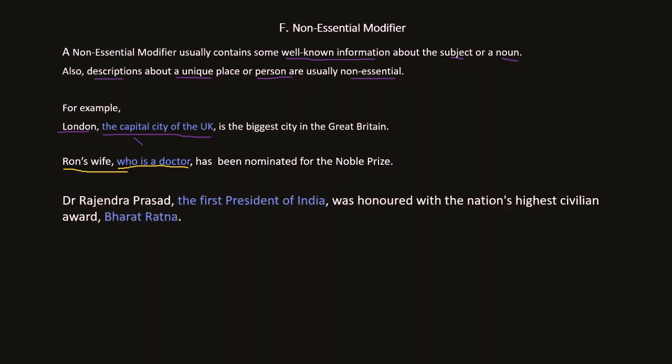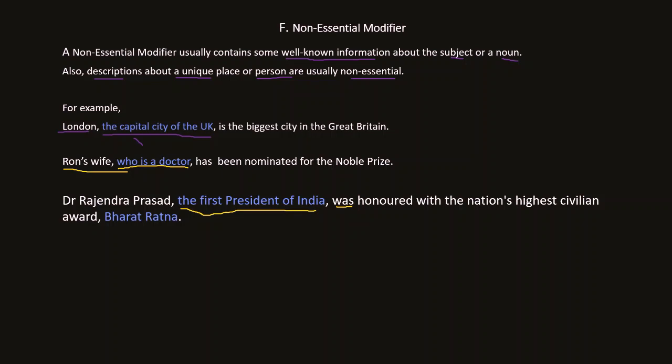Dr. Rajendra Prasad, the first president of India, was honored with the nation's highest civilian award, Bharat Ratna. In this sentence, there are two non-essential modifiers. The first non-essential modifier is the first president of India, which is a well-known fact.